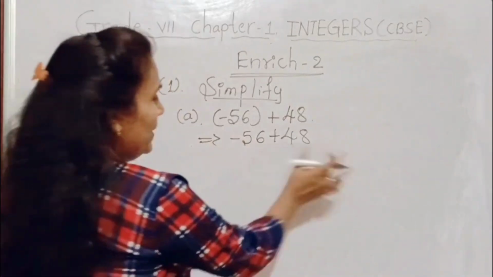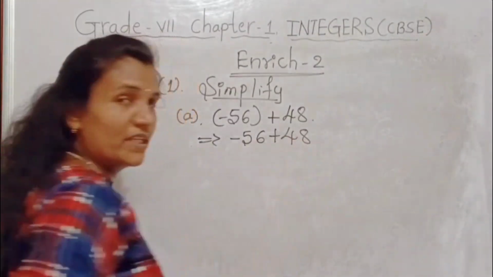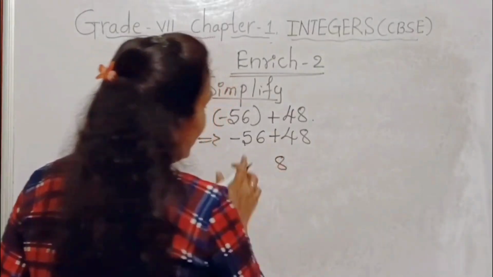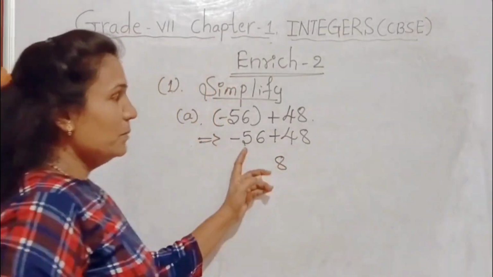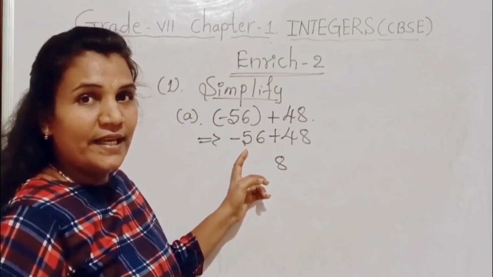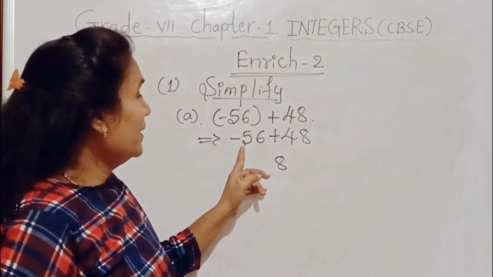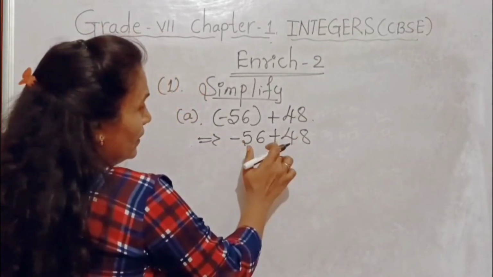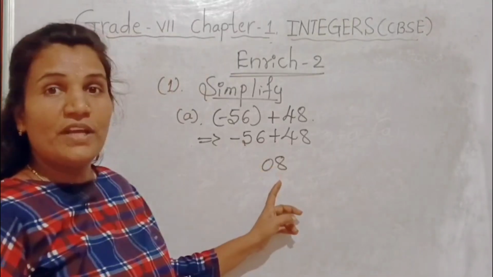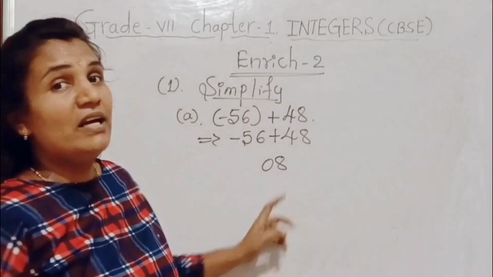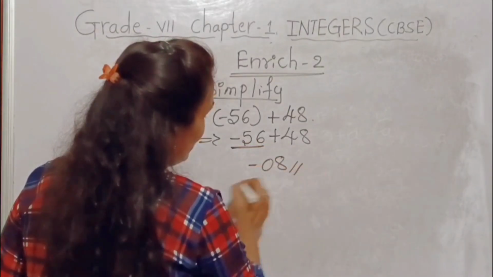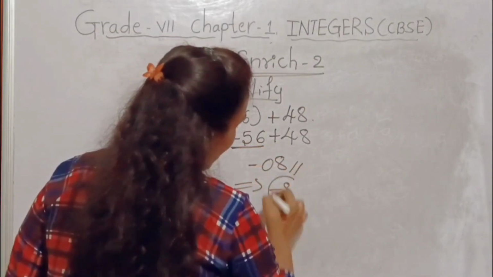First simply subtract: 56 minus 48. 16 minus 8 is 8, 4 minus 4 is 0. Since we have done subtraction, the sign should be the bigger integer's sign. 56 is the bigger integer, which has a negative sign, which implies minus.